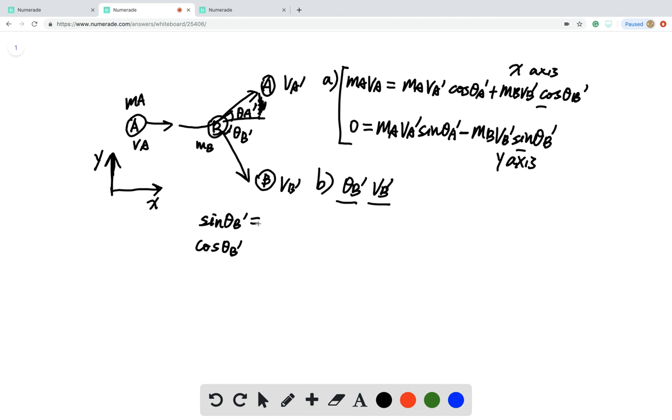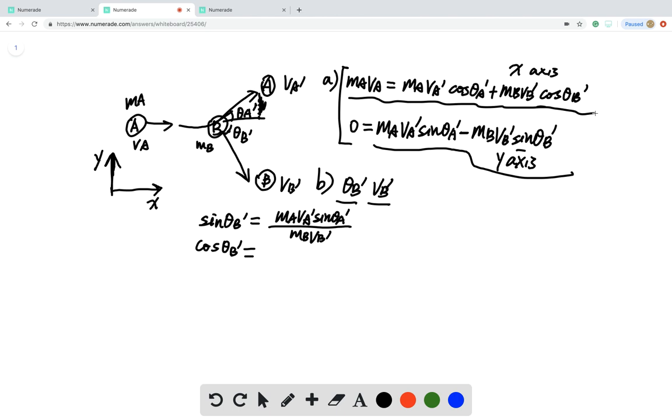So sine theta B prime can be found in this equation, and we get that it's equal to MA VA prime sine theta A prime over MB VB prime. And cosine theta B prime can be found from this equation, and it is MA times VA minus VA prime cosine theta A prime over MB VB prime.